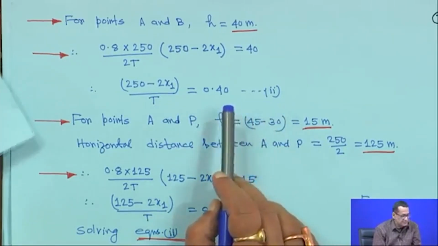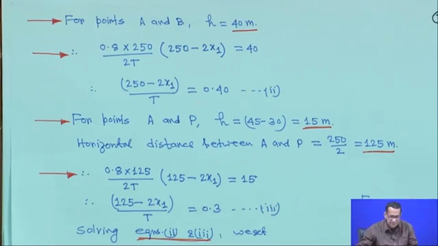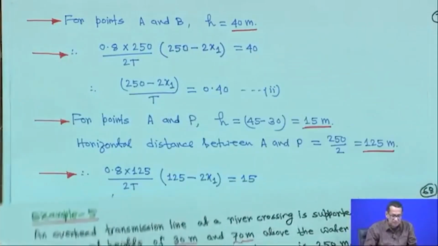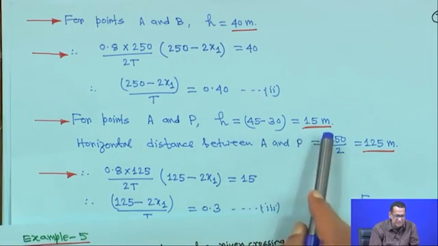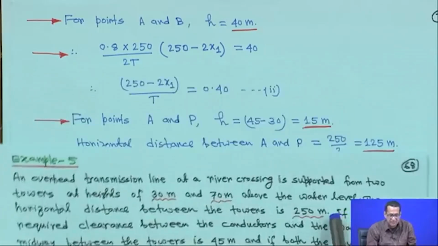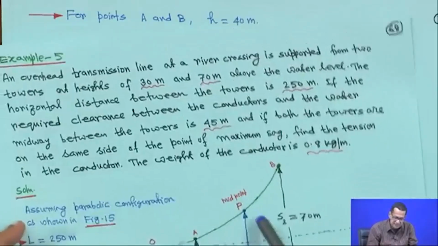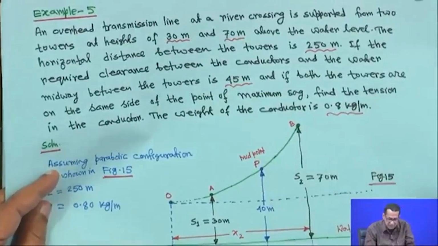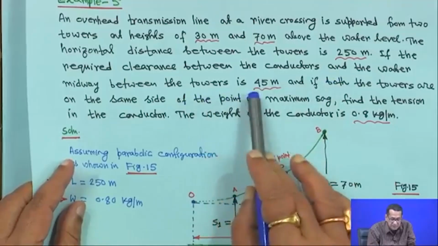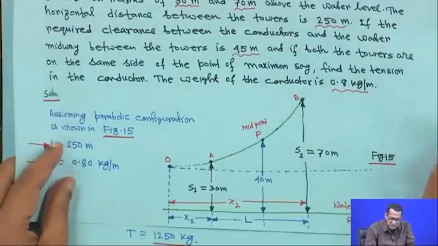This is equation 2. Now for points A and P, P is midway between the two points A and B. It is given that the clearance between the conductors and the water midway between the towers is 45 meter.